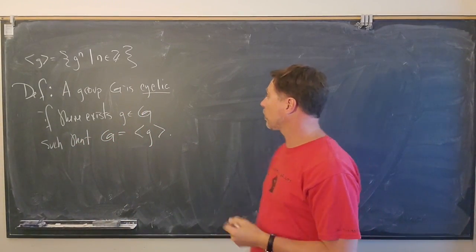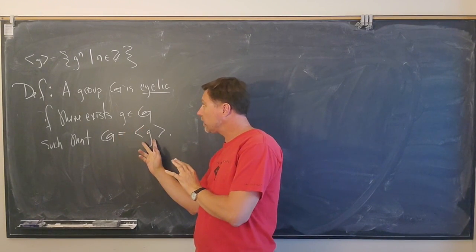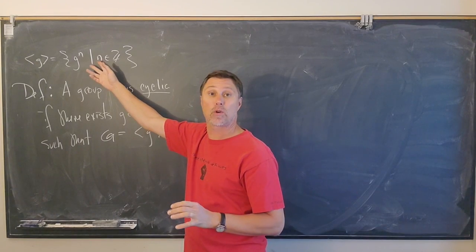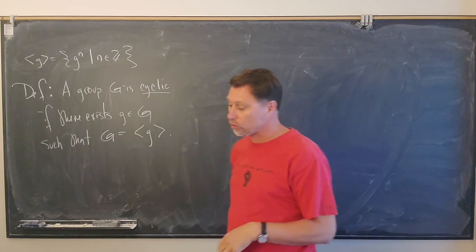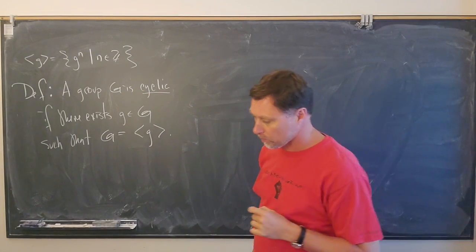So when this occurs, when there's some element little g in capital G so that when you look at this set, which is all possible powers of little g, it fills out the entire group, we say that capital G is cyclic.